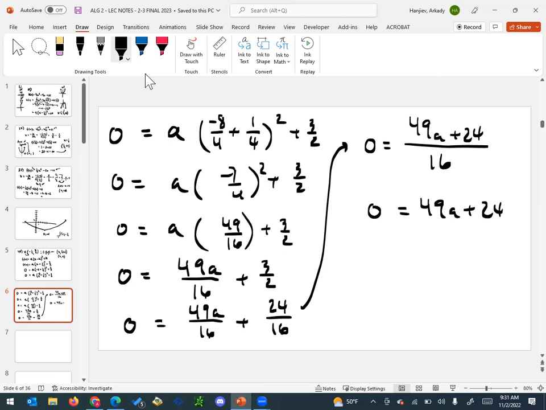And then let's see, move the 24 over. Divide by 49. Is everybody finally okay with a negative 24 over 49?